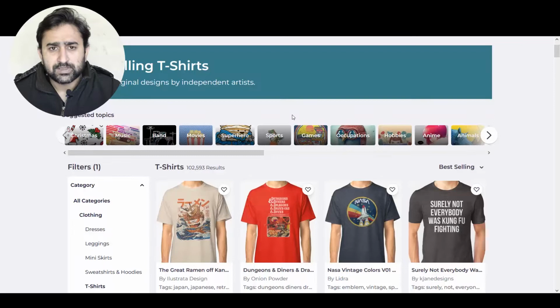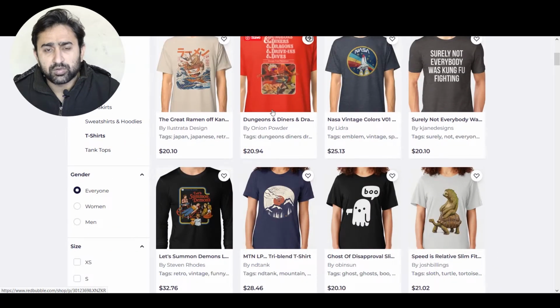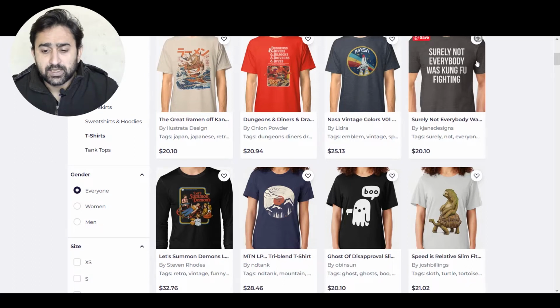Now you can search on Redbubble through different categories. As on this page I am on best-selling t-shirts. You can get into this collection from their main page, and there are some different t-shirts. You can check out these t-shirts and look at how the people are actually tagging them, whether they are using long tail keywords, or you can say multiple words in a single phrase, or they are choosing single words.